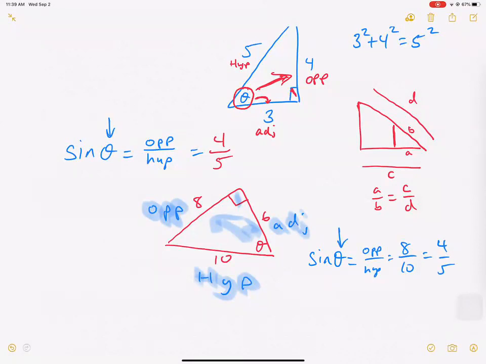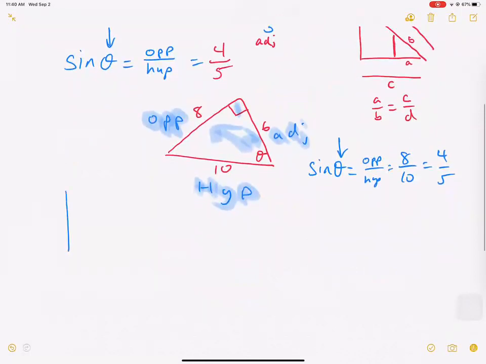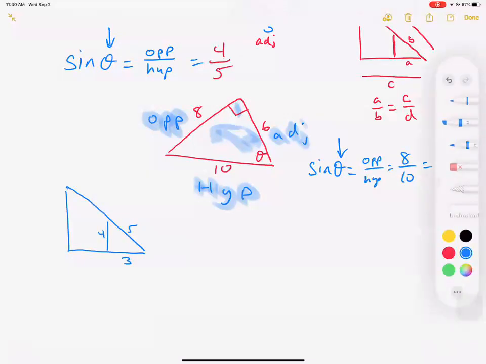So even though 6, 8, 10 is bigger than 3, 4, 5, it turns out they're actually the same triangle, just related to each other. If I say that this is 3, 4, and 5, the large triangle would be 6, 8, and 10.